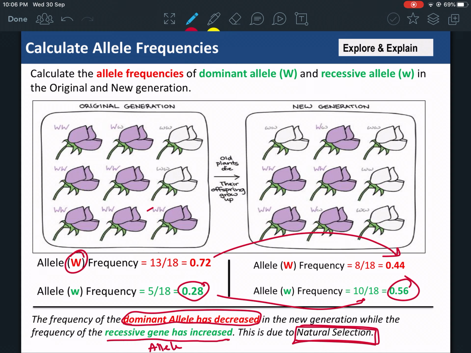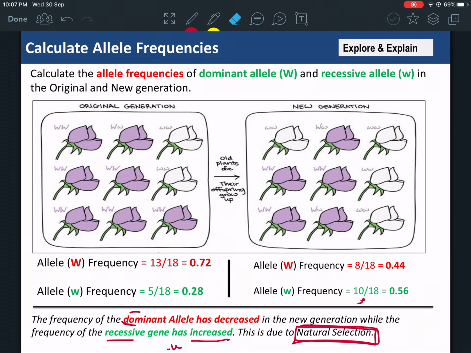Because of natural selection, you will notice that more white flowers are forming in the new generation. Maybe because there is some predator that eats the purple ones. Maybe, I don't know. There's a lot of reasons that can cause flowers in the new generation to be more white.